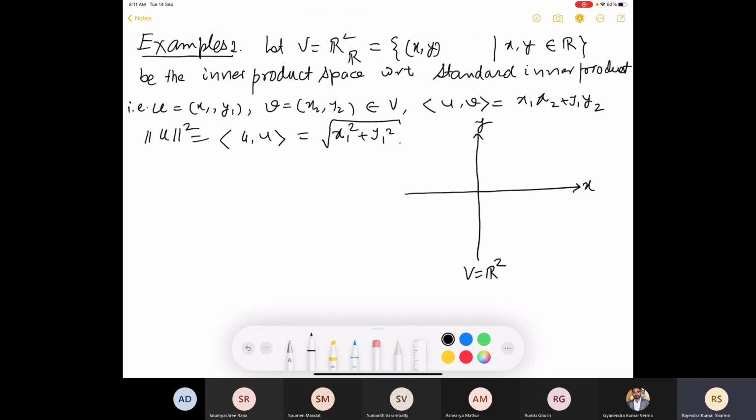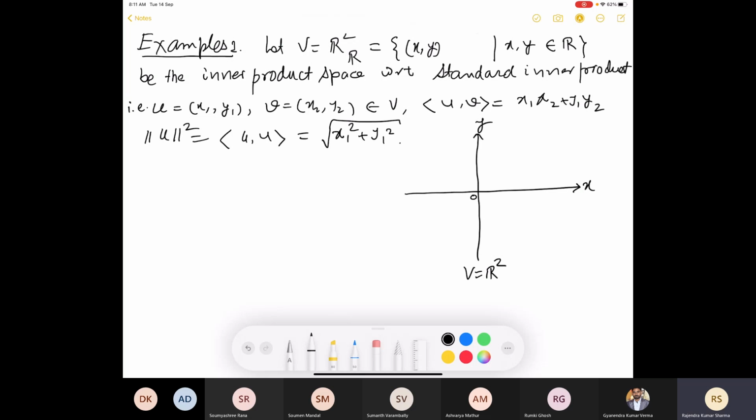So this is the distance of this point from the origin, for any point x1, y1. So if you think about the norm as the distance, then let us take W.